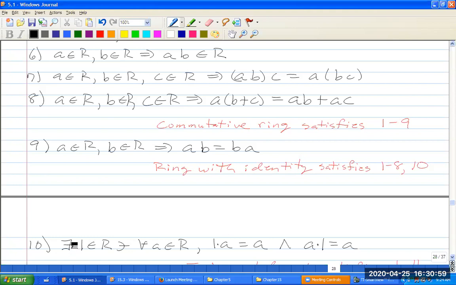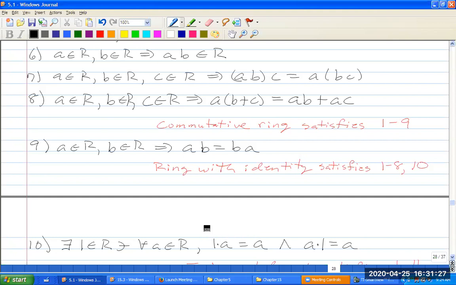So we have a nullary operator stating the following. There exists an element denoted by 1 in the set R, such that for every element A in the set R, the multiplicative identity times A is just equal to A.